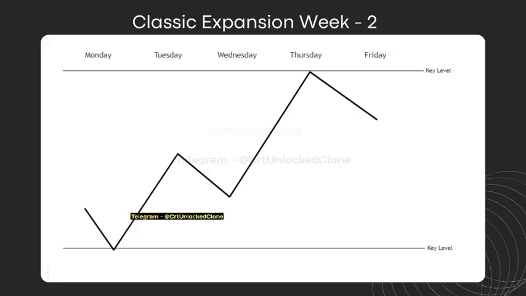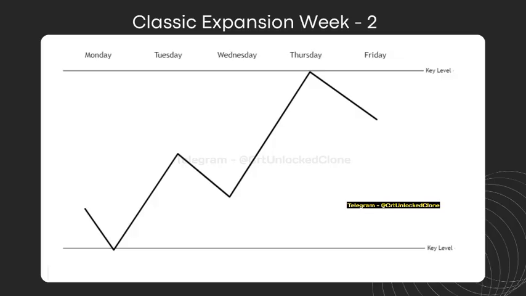Now you cannot know if Monday is gonna test a key level or Tuesday before the price action forms, but what you can do is wait for the price action to form and then analyze the price action and anticipate a certain scenario or a certain profile, and frame a weekly profile based on how price is formed on Monday and based on what price is telling you.